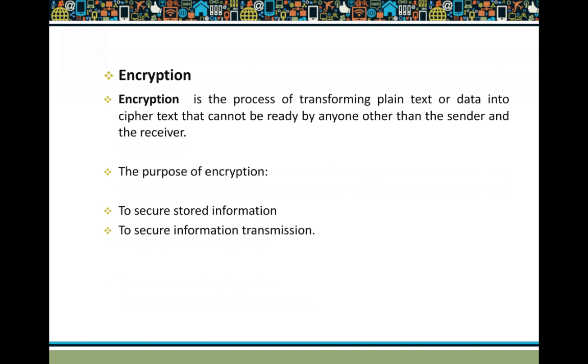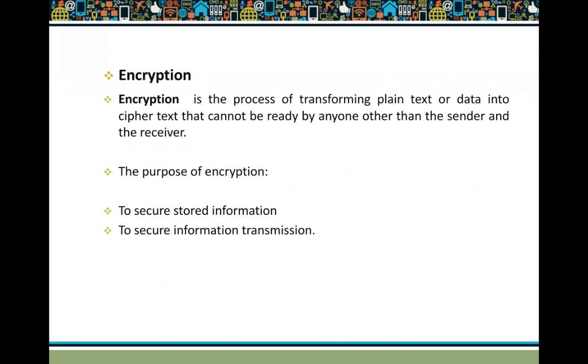Encryption is the process of transforming plain text, which is in intelligible form, to another form which is totally unintelligible. You use appropriate cryptographic algorithms and keys to convert a message from plain text to an unintelligible form.